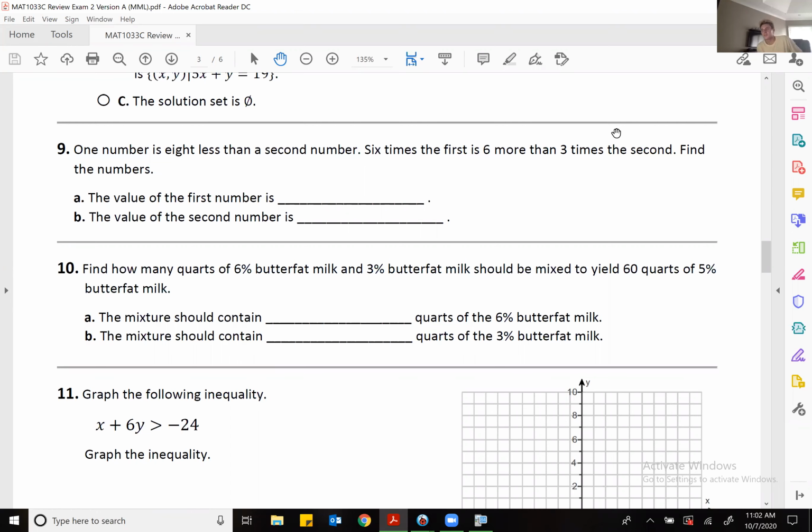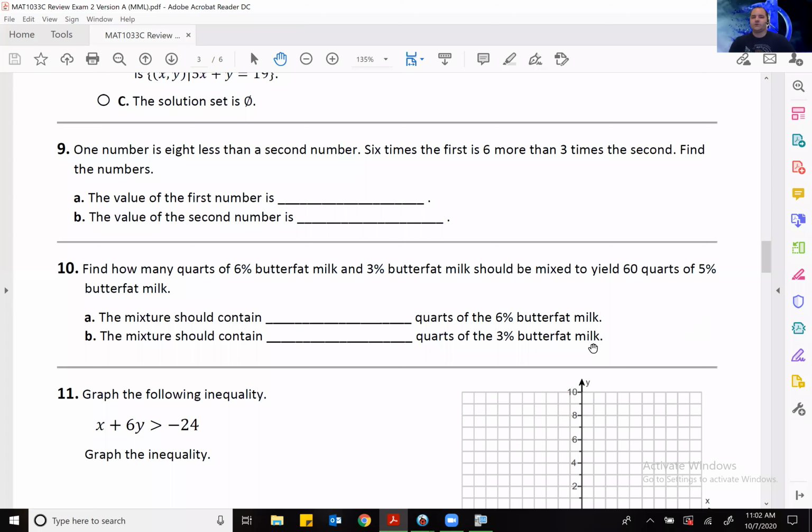Careful. You only got one total. It's just 6. 5% is a total. And what's the other total? The 60, the quantity. These are your totals right here.